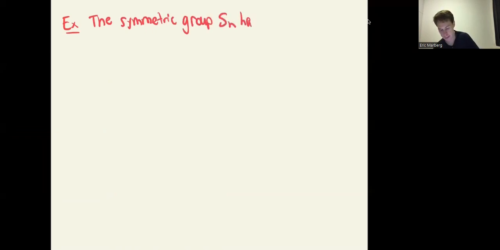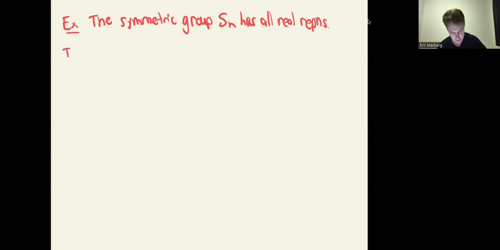So an example of this kind of construction is we can look at the symmetric group. The symmetric group Sn has all real representations. In fact, all of them can be defined over the rationals.